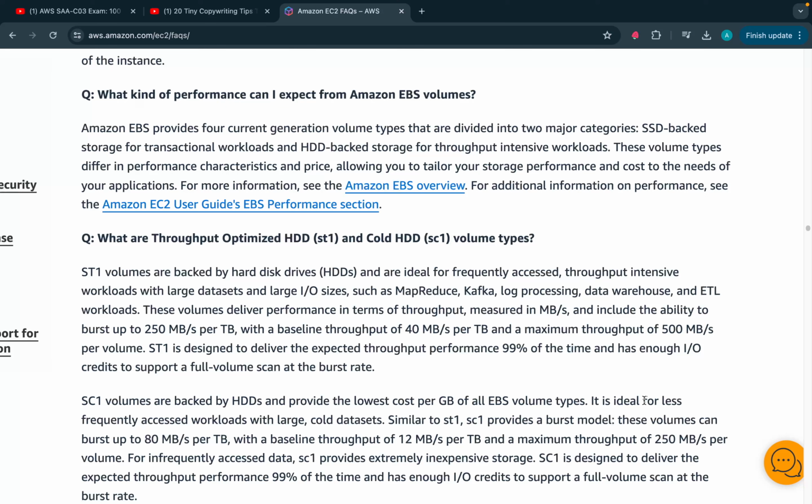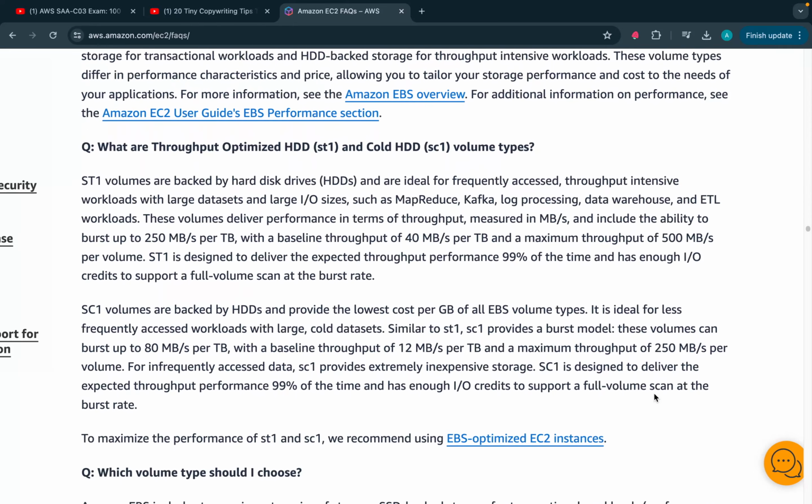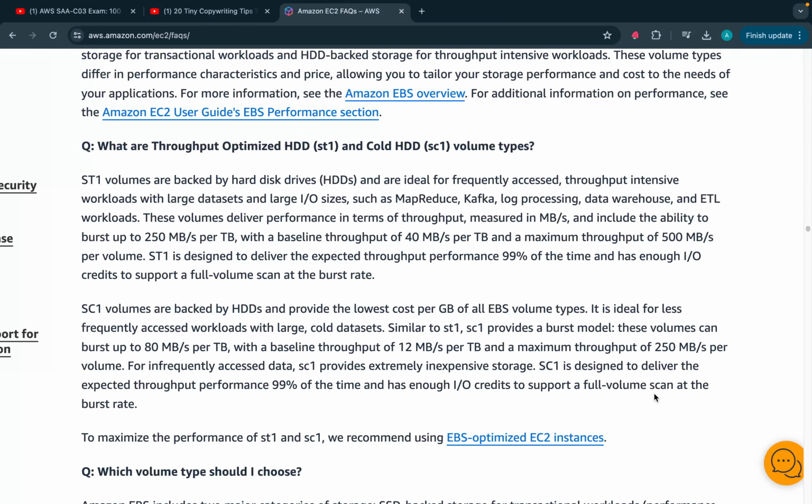ST1 is designed to deliver the expected performance 99% of the time and has enough IO credits to support a full volume scan at burst rate. SC1 volumes are backed by HDDs and provide the lowest cost per GB of EBS volume types. It is ideal for less frequently accessed workloads with large cold datasets. Similar to ST1, SC1 provides a burst model.